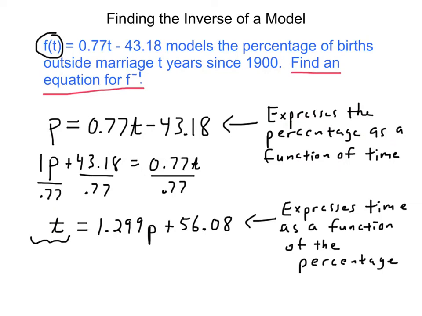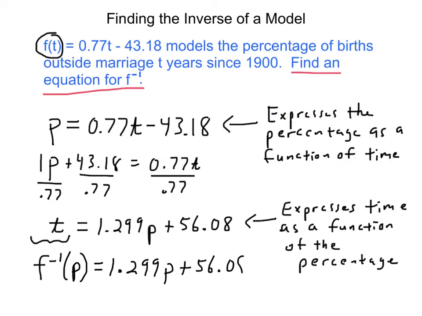So since the original function was f, and we've just found the inverse, we'll use f inverse, and the variable on the right side of the equation is p, so we'll have to do f inverse of p, because it's a function of p, equals 1.299 p plus 56.08.